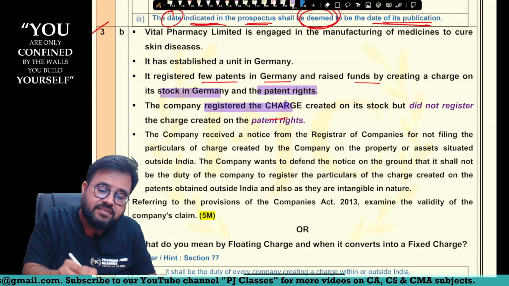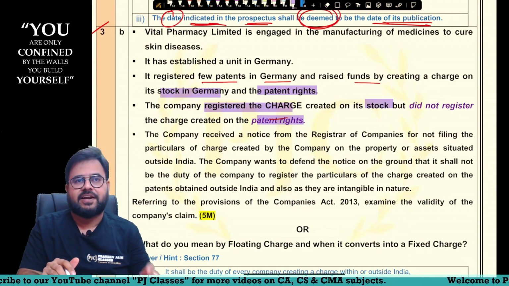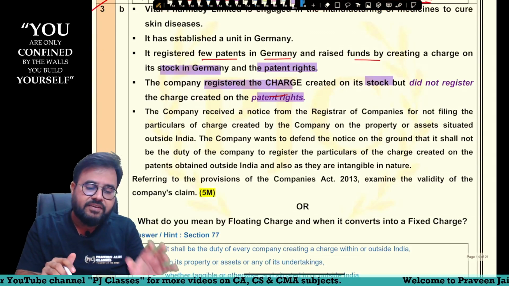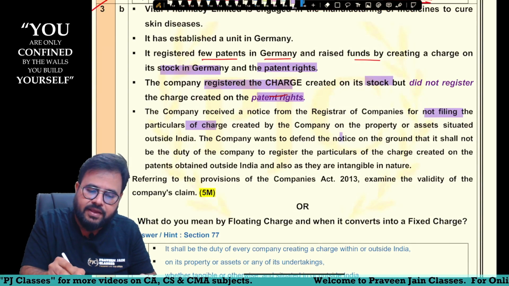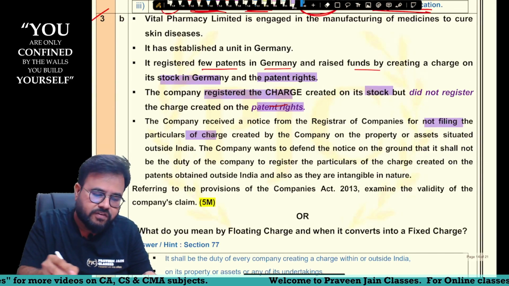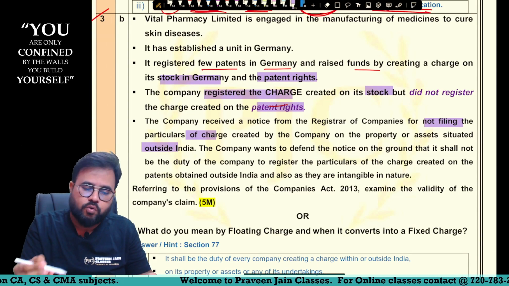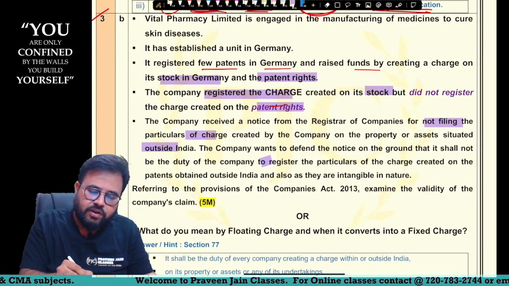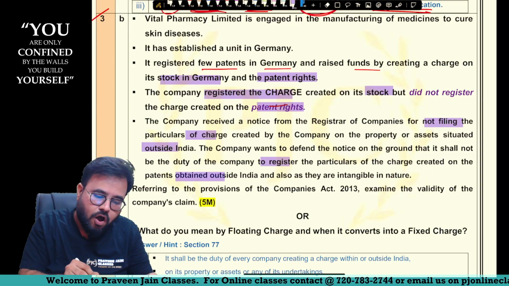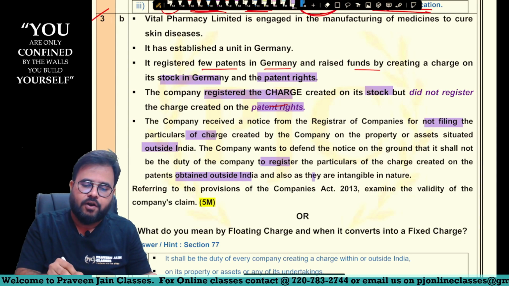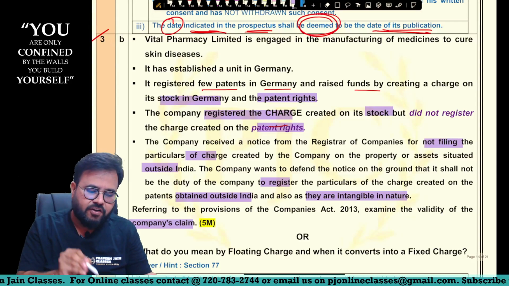So the company has registered the charge on the stock but did not register the charge on the patent rights. This is wrong. The company received a notice from the ROC for not filing the particulars of charge created by the company on the property or asset situated outside India. The company wants to defend the notice on the ground that it shall not be the duty of the company to register the particulars of the charge created on the patents obtained outside India, and also they are intangible in nature. Referring to the provisions, examine the validity of the company's claims.